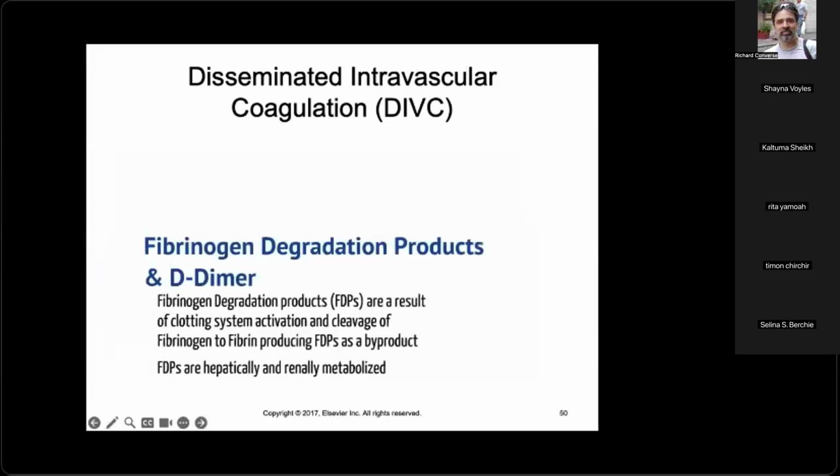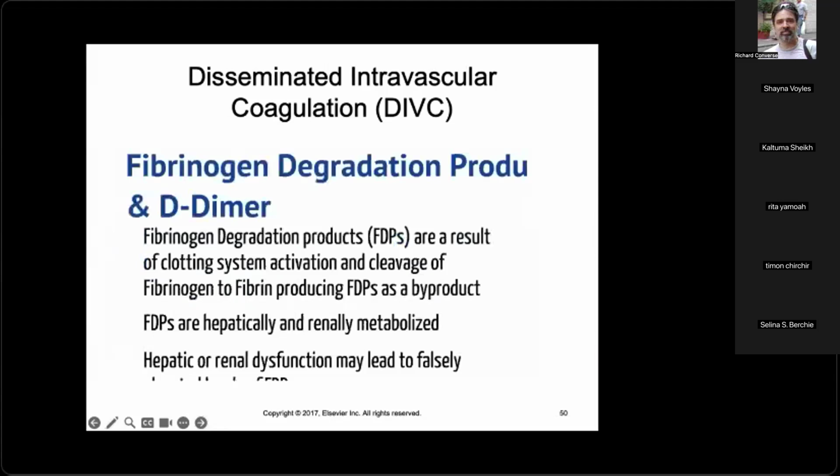Next, we'll look at fibrinogen degradation products and D-dimer. Fibrinogen degradation products are a result of the clotting system activating and causing the cleavage of fibrinogen to fibrin, creating FDP, or fibrinogen degradation products.